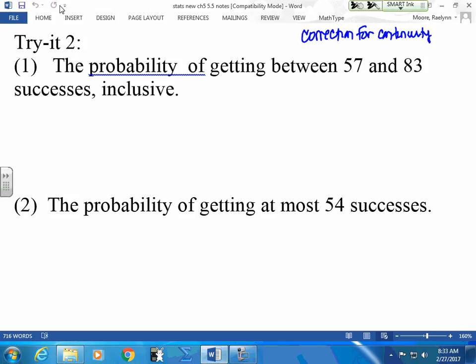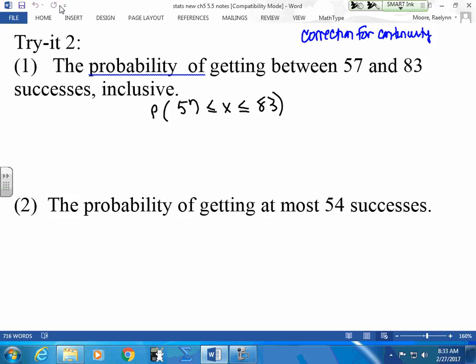So the first one. Probability of getting between 57 and 83 successes inclusive. So Carlos, what does that probability statement look like? 67. Less than or equal to? 83.